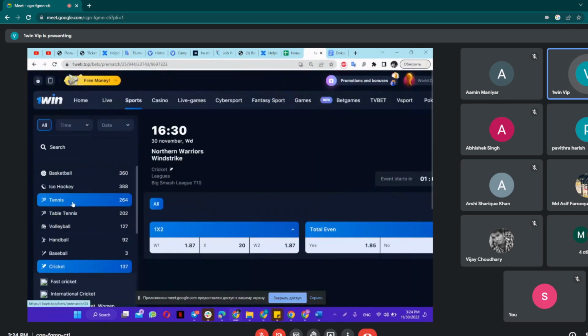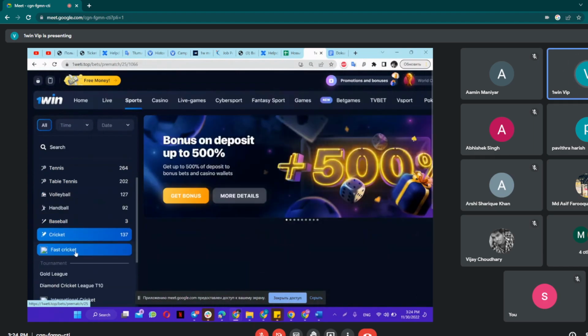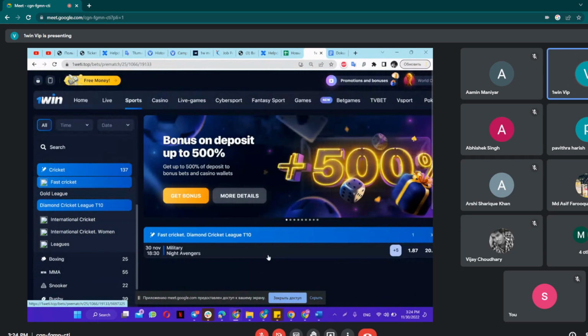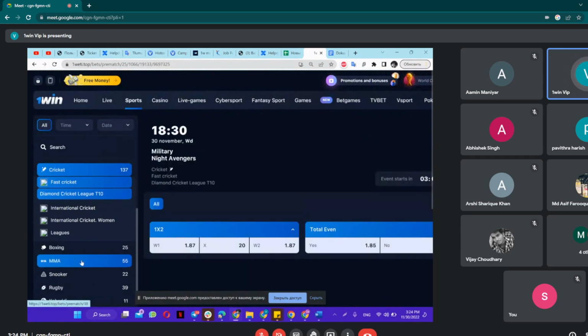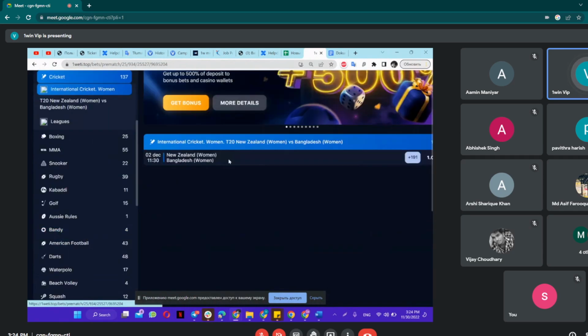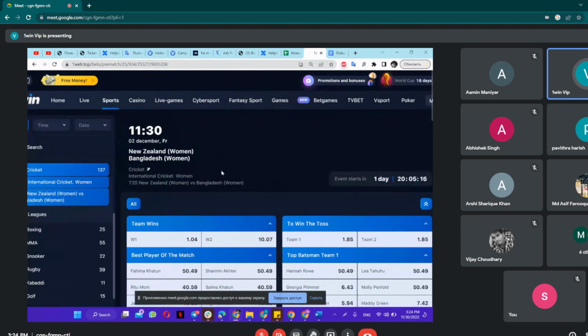Not this one. Let's open Fast Cricket. Diamond League. Just trying to find this bet. It's not presented in every match, but yeah, found it.